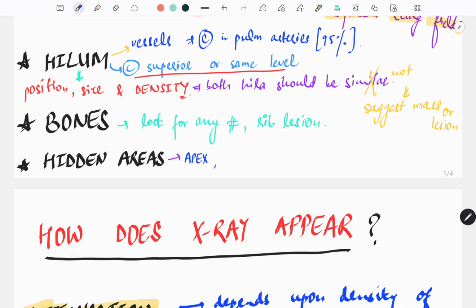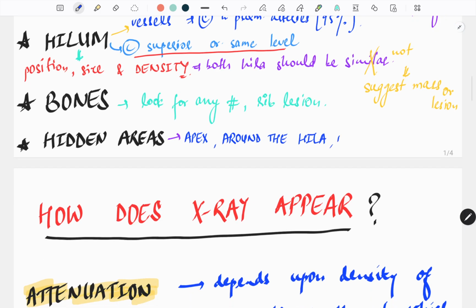These are the apex, then around the hila, then below the horizons of the diaphragm, and what?